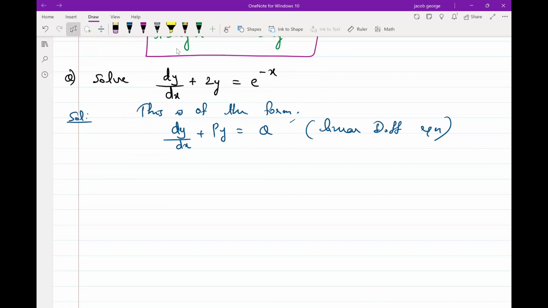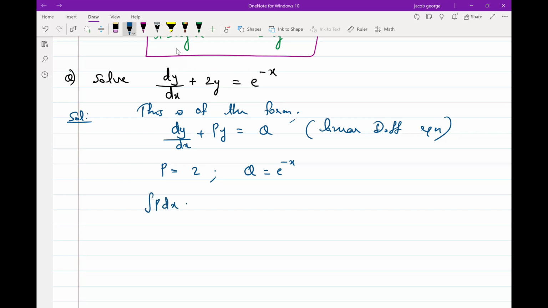P is equal to 2 and q is equal to e raised to minus x. Next step, we have to find the integrating factor, but we find the power first. E raised to integral p dx is the integrating factor. So we do integral p dx first.